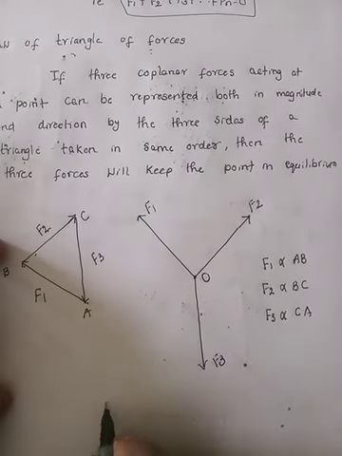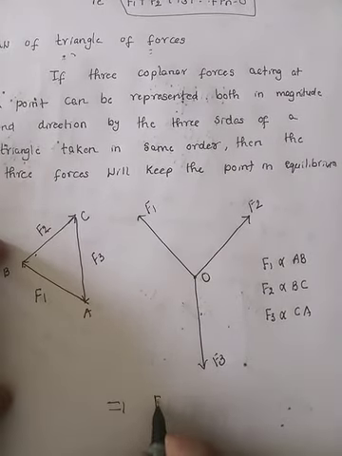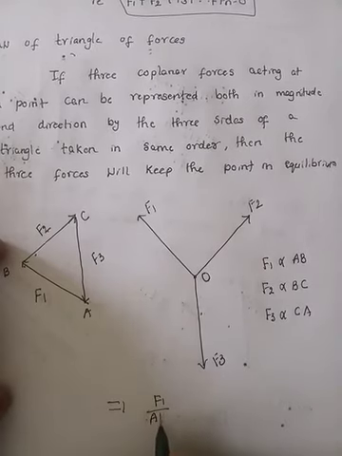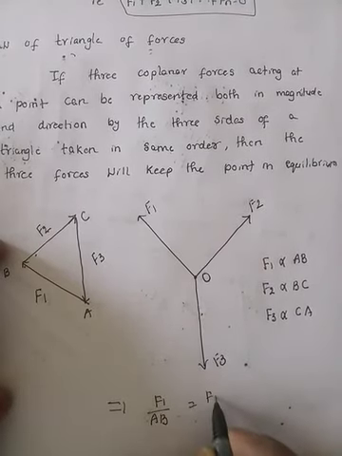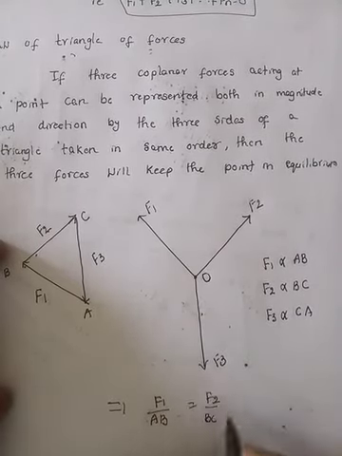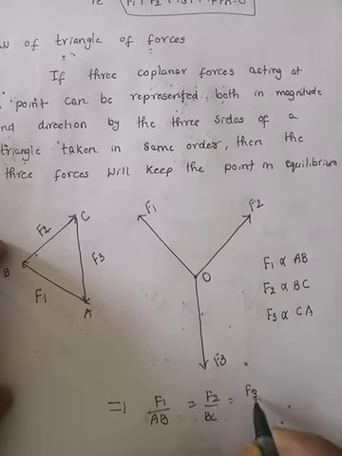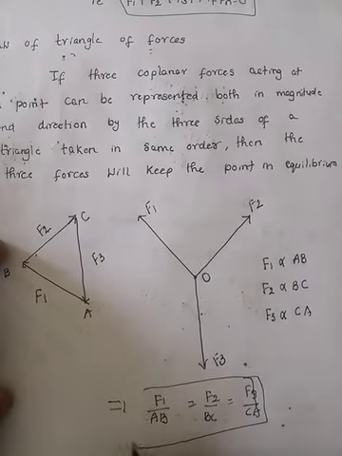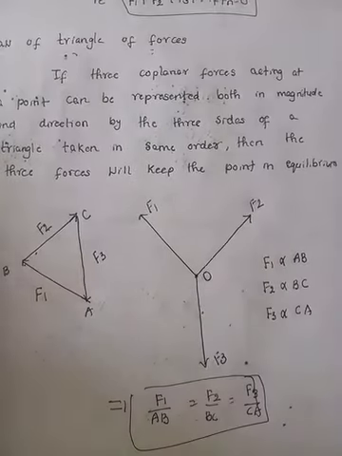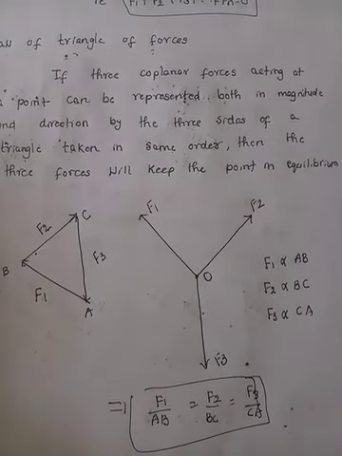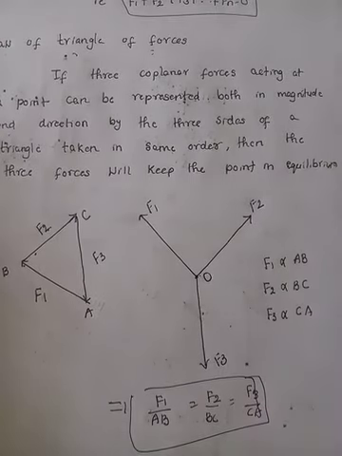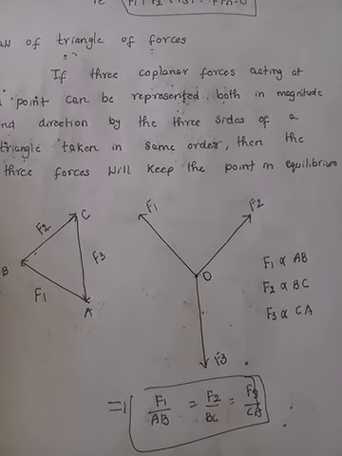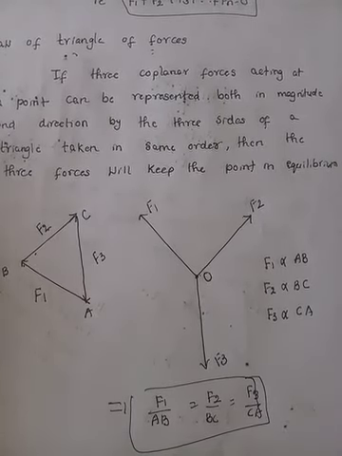So, combining all these three, we can write the statement as F1 by AB is equal to F2 by BC is equal to F3 by CA. So that the net force acting at point O is 0. So the body at point O will be in equilibrium. This is the law of triangle of forces.